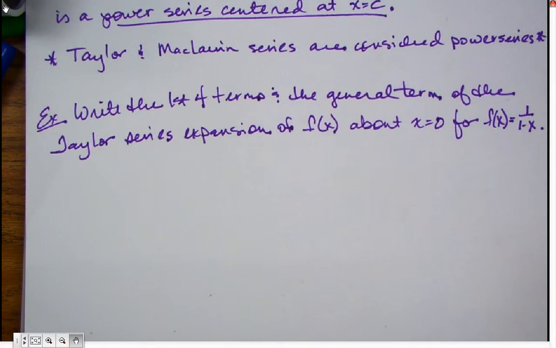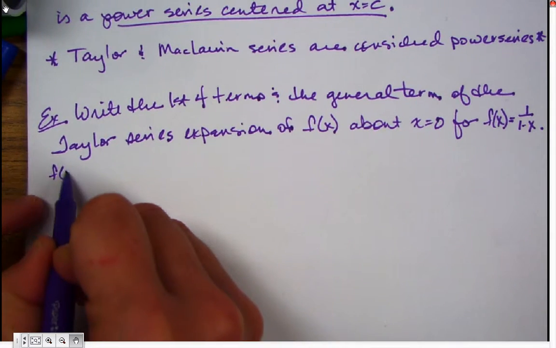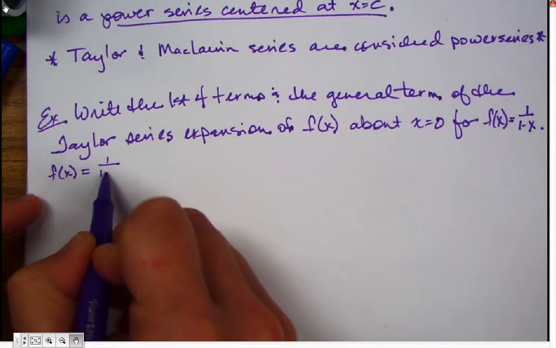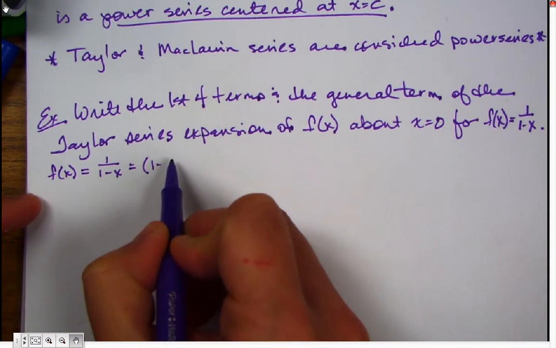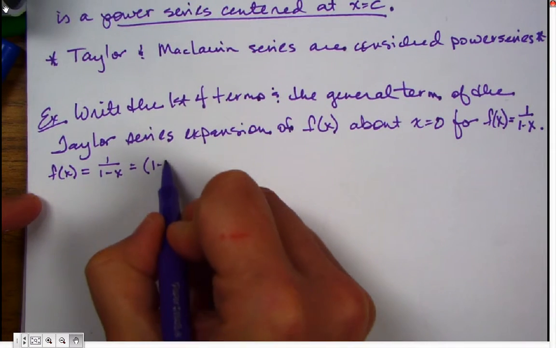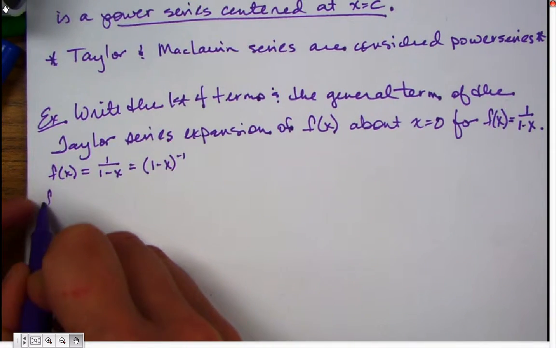Okay, so how would you do that with the knowledge that you have right now? Okay, is it a manipulation of anything that we know? No. So we're going to have to do this the long way, right? Okay, so let's start. So f of x is equal to 1 over 1 minus x, which is the same as 1 minus x to the negative 1, right?